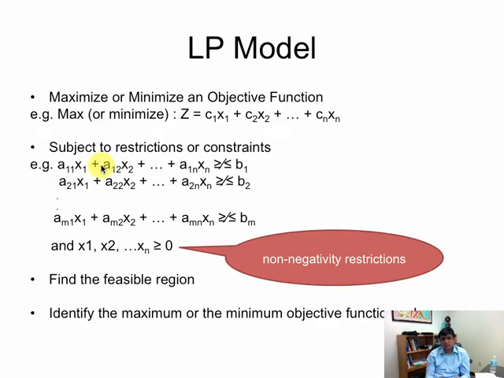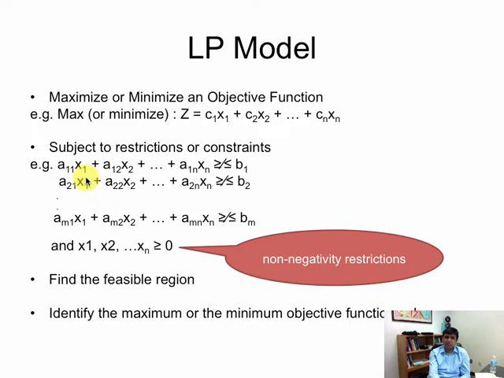And this is the mathematical form of an LP model. You have an objective function which could be maximized or minimized. It is generally represented by z equals c1x1 plus c2x2 plus so on. The restrictions in the system, which are constraints for us, are represented in this form.